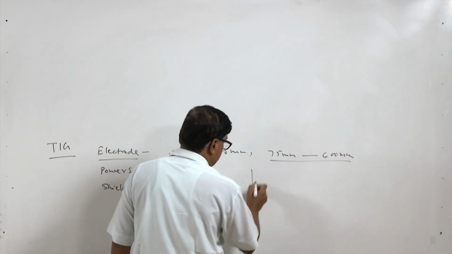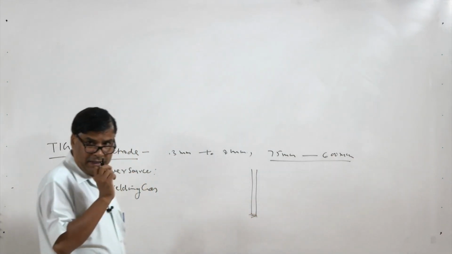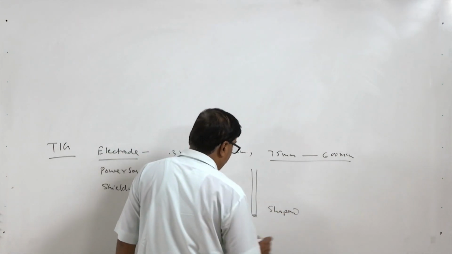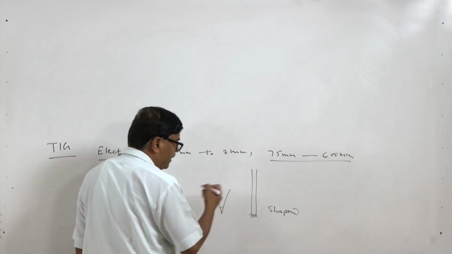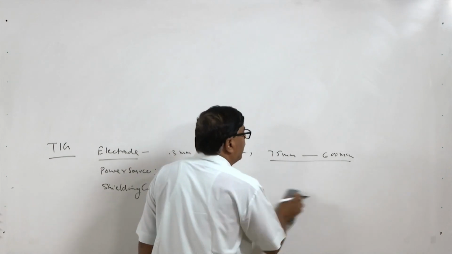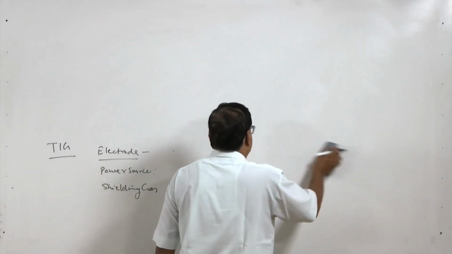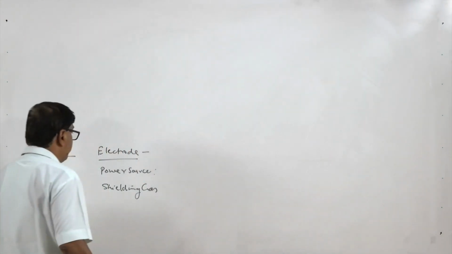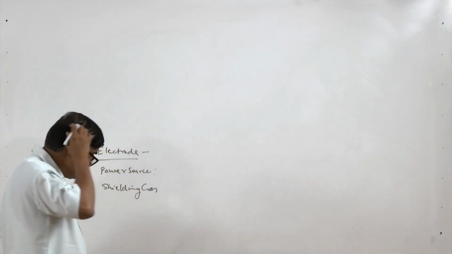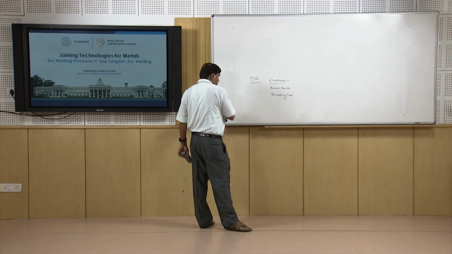These electrodes are used in this form, and as soon as they get degraded or damaged, they are sharpened to have the desired included angle at the tip. So, preparation of the tungsten electrode is frequently needed when they lose their shape. The power source, as I have said, is invariably constant current type with AC or DC type of currents.